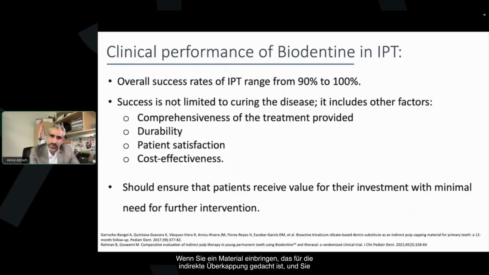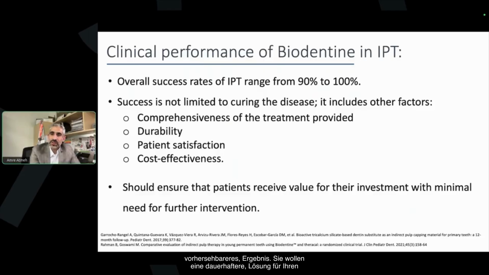One of the most important is how comprehensive your treatment is. I mean, if you're considering a treatment or a material, how many scenarios can this material address? For example, when we talked about the possibility of micro exposures and undetected pulp exposure, if you place a material that's meant to be used as indirect pulp capping and you have a pulp exposure, then you are not giving the pulp, as we said, the proper chance to survive.